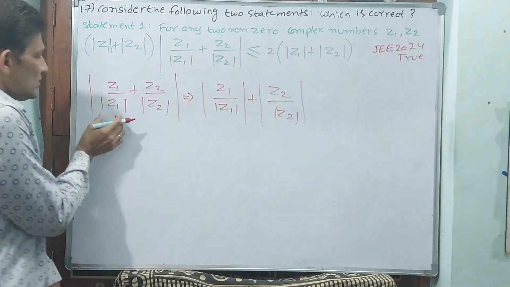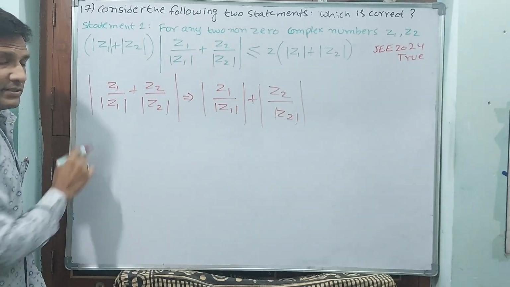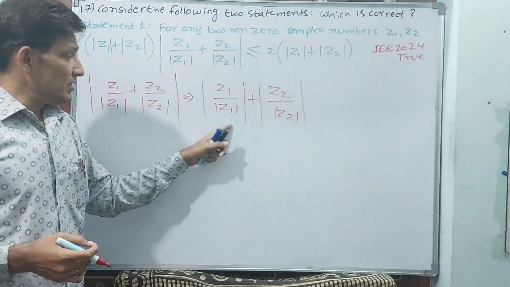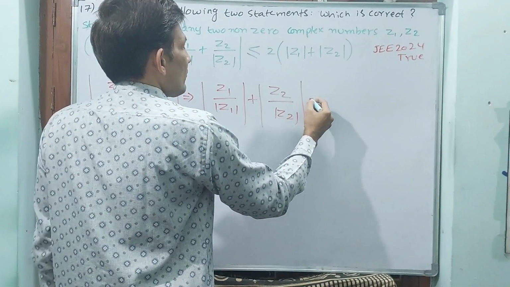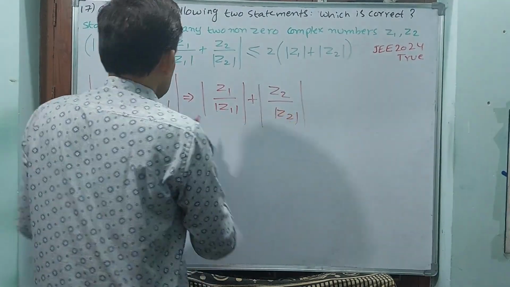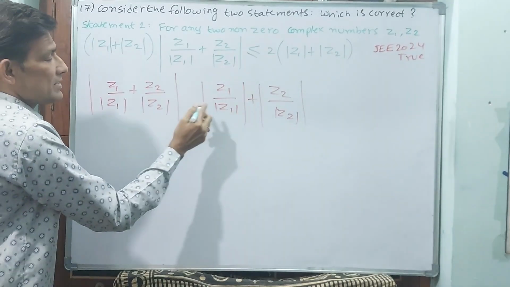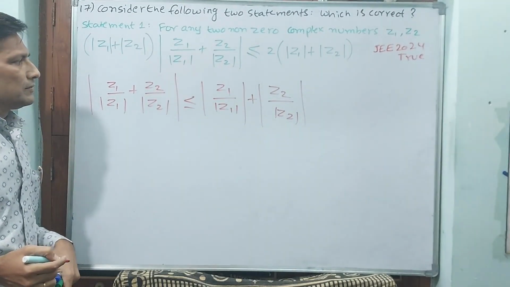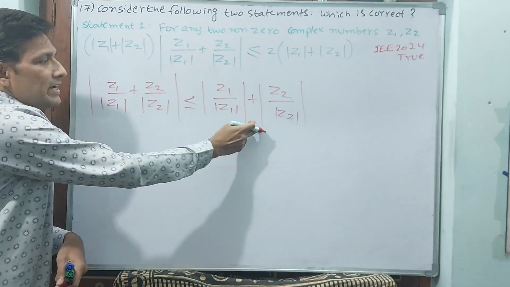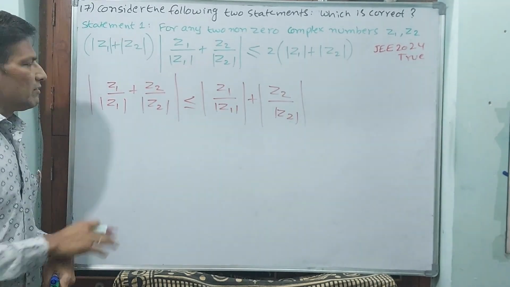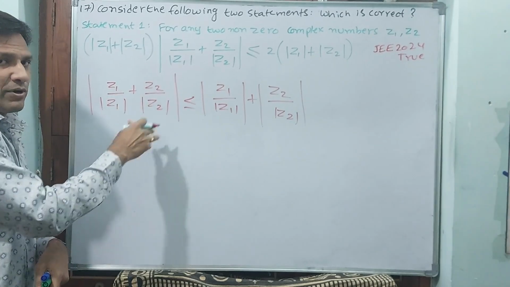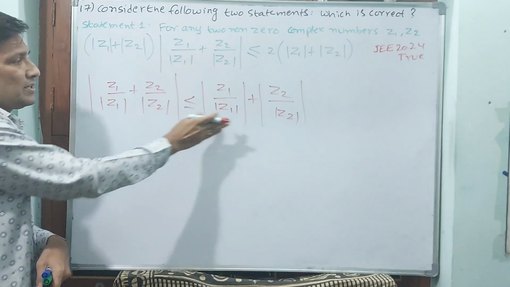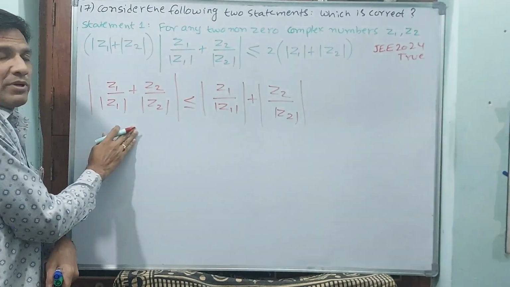Why can we split? Because here modulus is there, and outside also modulus is there. I can split, but this is always greater than or equal to. If all are positive, then equality will come. If something is negative, this is going to become greater, this is going to become smaller.